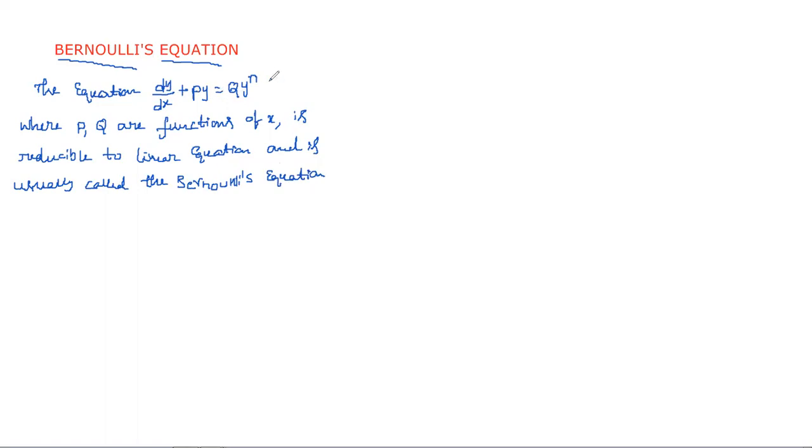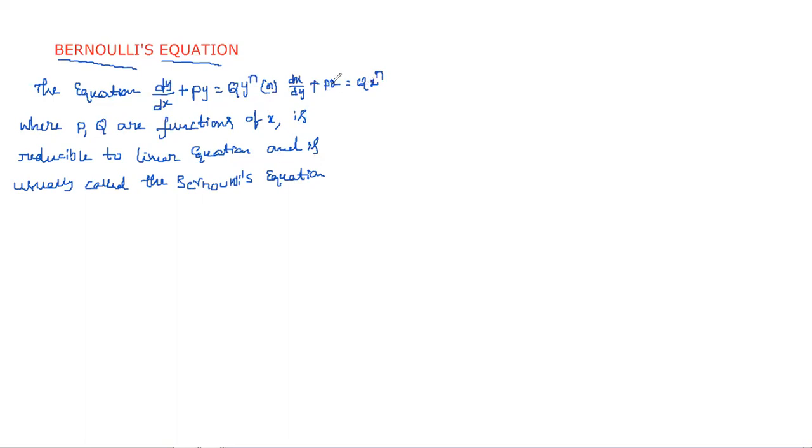or the same pattern as dx by dy plus px is equal to qx power n in this way also. Either this form or this form. Where p and q are functions of x, it is p of x, q of x. And if you are taking this one, p of y and q of y.